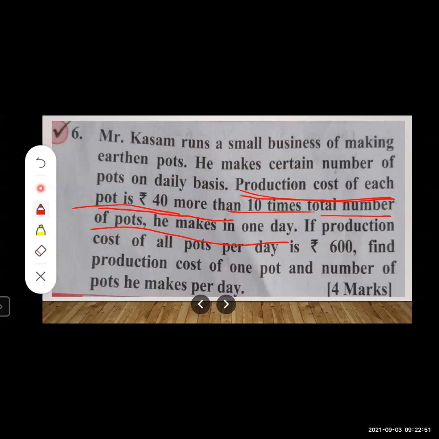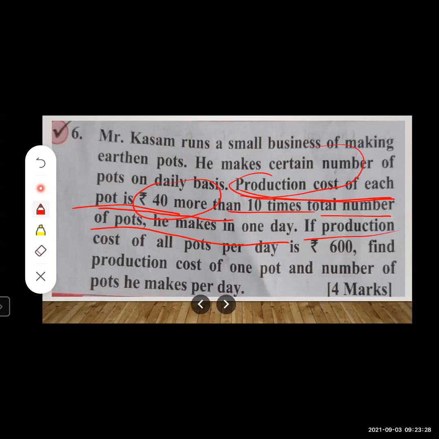So, how will you find out the production cost of each pot? For that, we need to know the total number of pots he makes in one day. If we assume the total number of pots he makes in one day is x, then we can find the production cost of each pot. 10 times the total number of pots, if the total is x, is 10x, plus rupees 40 more, and that will be the production cost. So you get one condition over here.